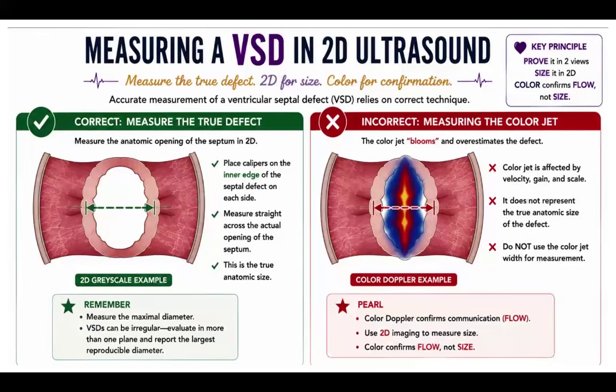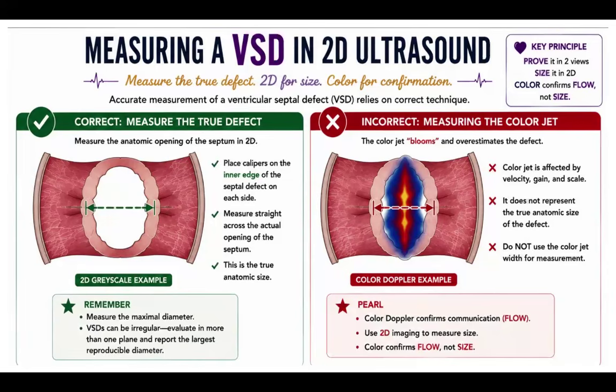Okay, you want to place the calipers on the inner edge of that septal defect on each side, and measure straight across that septum. Now, I've seen where some tend to measure with the color on. They prefer for you to do it without the color on, because it could overestimate the septal defect size. And so you want to just turn your color off when you're measuring.